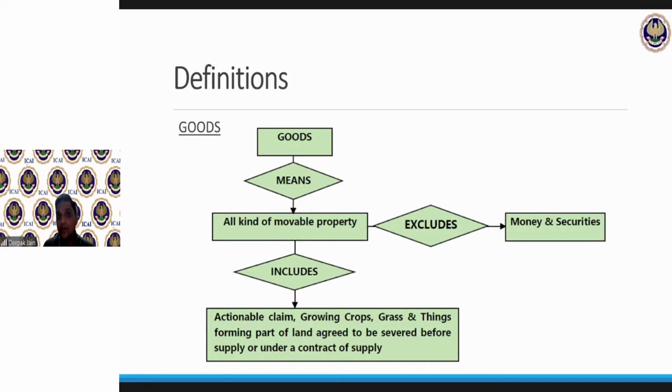And then if you read the whole GST Act, you have Schedule 3, which says what are those transactions on which GST is not payable. In that, actionable claim is excluded to make sure that on the right to claim from debtors, and right to claim from lottery tickets, GST is not payable.